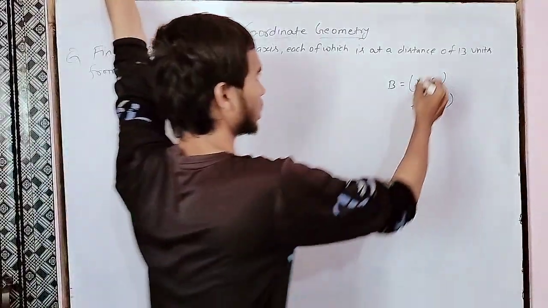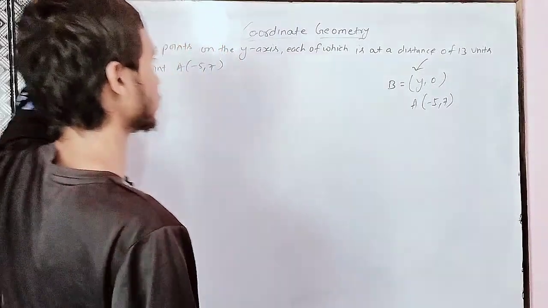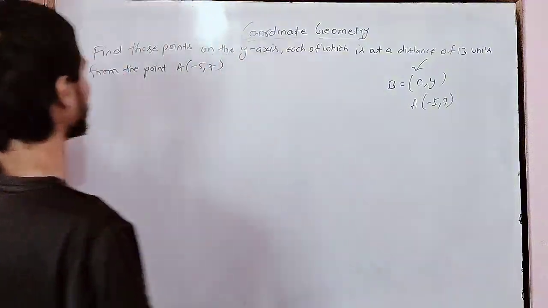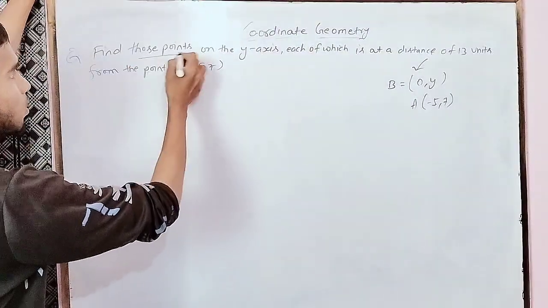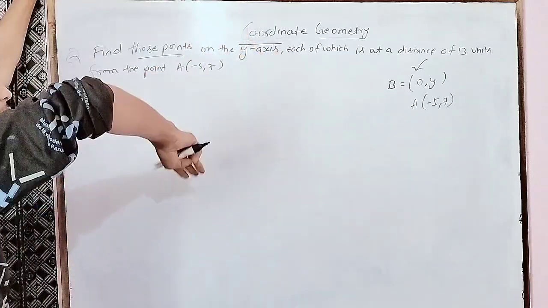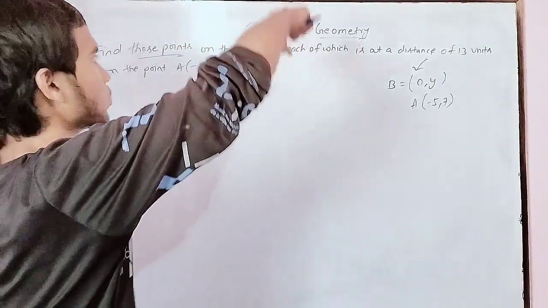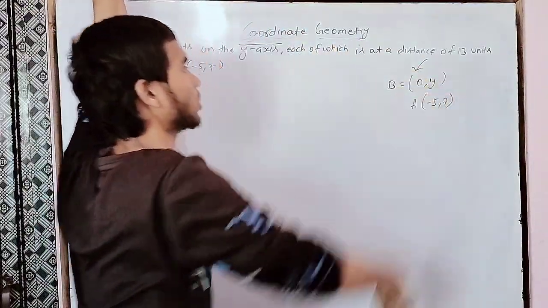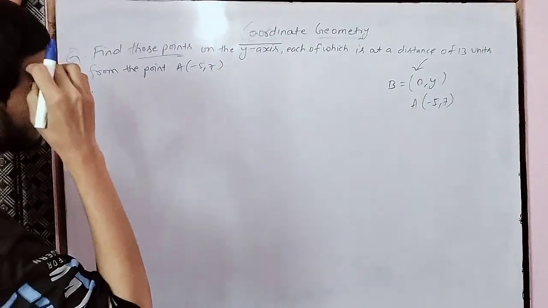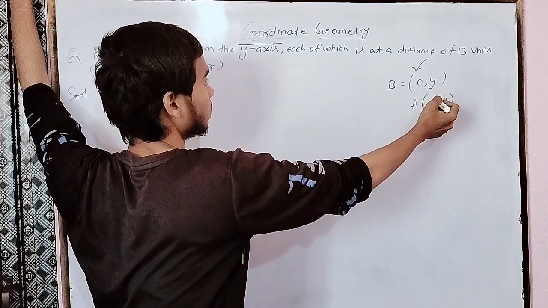Here we don't know what is the number in place of y. So this is wrong. 0, y. In place of x is 0 because it is saying find those points that are on y-axis. If a number is on y-axis, then x will become 0. Now we have 2 points. We are going to find this.